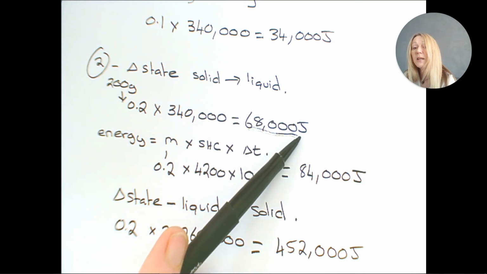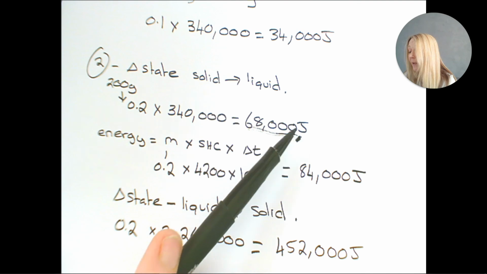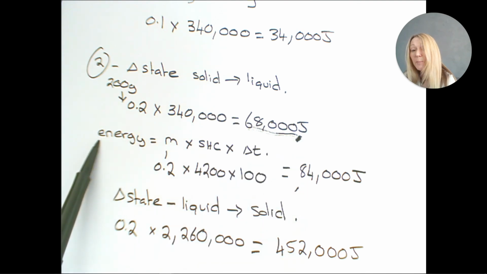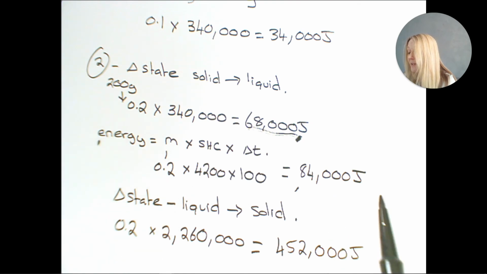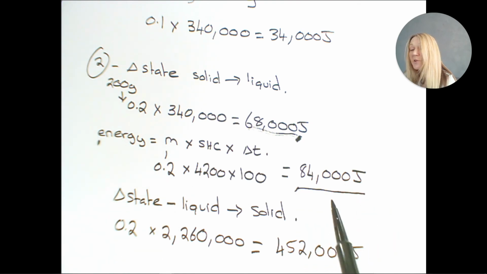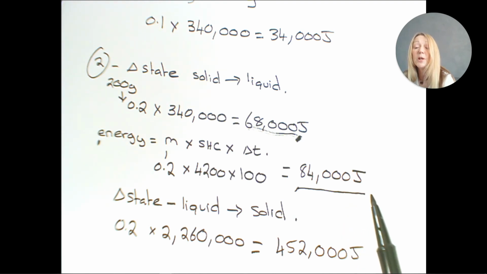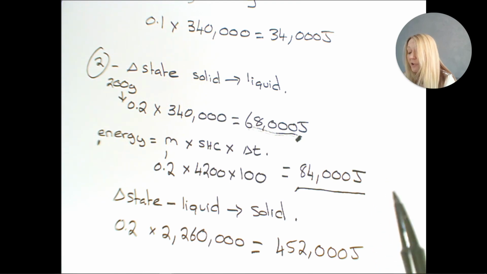So what we've got, breaking this down, is 68,000 joules of energy. That's how much it's going to take to actually melt the ice. We then used the specific heat capacity equation, and this is the amount of energy, 84,000 joules of energy, that it's going to take in order for us to raise the temperature to 100 degrees. Then during the boiling point, as all the liquid changes to a gas, we use the latent heat of vaporization, and again times that by the mass.